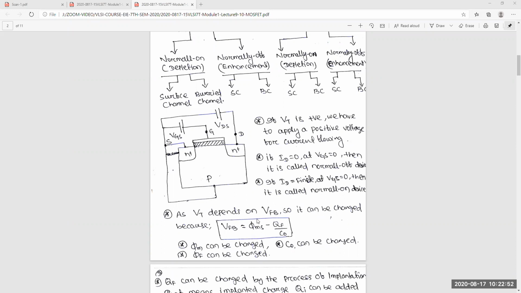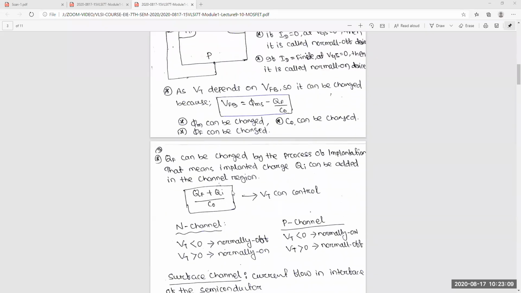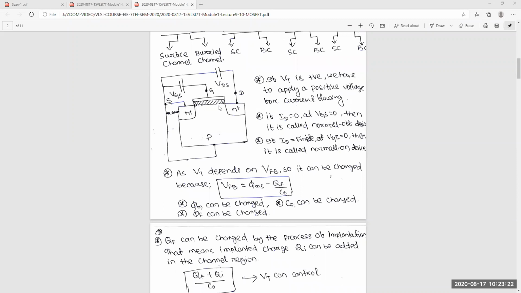So for phi MS, what will we do? We will change the metal or polysilicon doping, so you can change this value. Also, though this is the fixed charge, we can add charges, positive or negative. That QI, the implantation charge, we can add. If you add that charge, then definitely this voltage will change and VT will change.